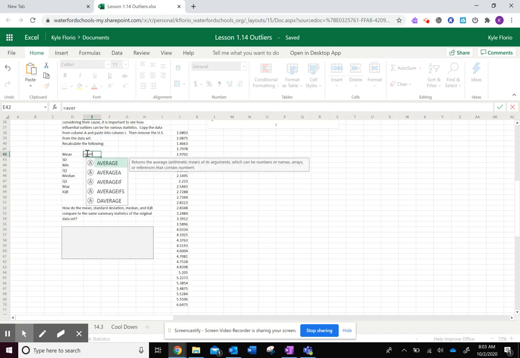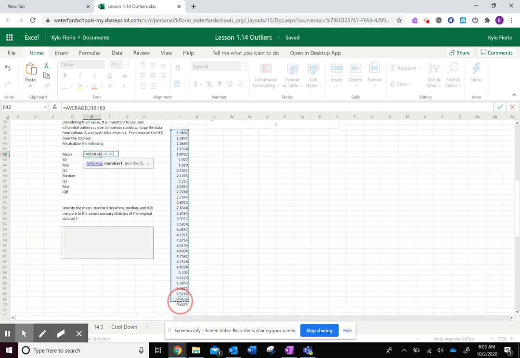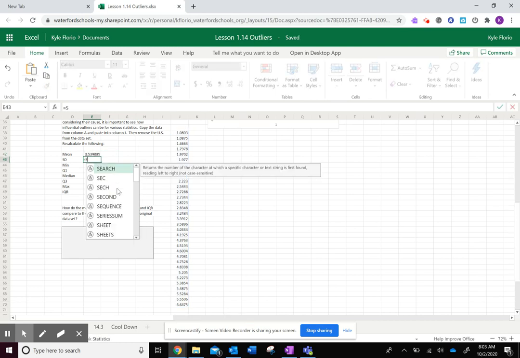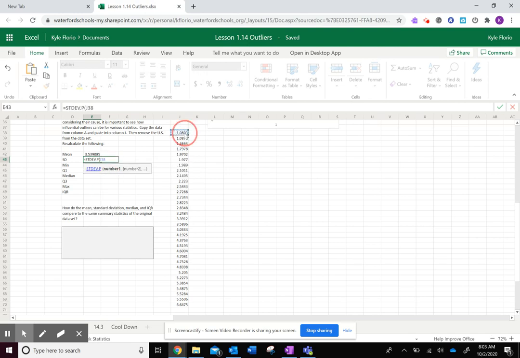So the average for mean, the average of all these numbers, the standard deviation. And the idea of what we're really looking for here is if you take out the outlier, how much does that change our summary of the data?